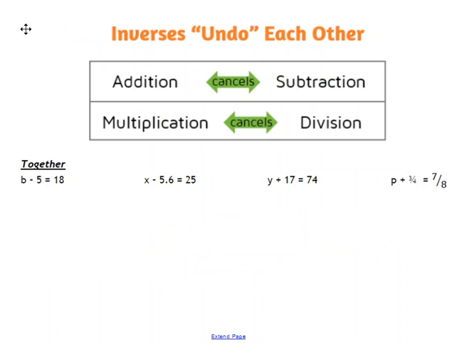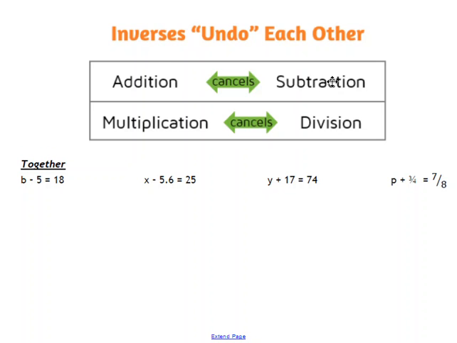Now, I just mentioned inverse operations. There are 4 operations in math: addition, subtraction, multiplication, division. We know that. We also now know that each operation has an inverse operation, and that's the operation that undoes the other one. We use them to undo each other. For instance, the opposite of addition would be subtraction, because we can use subtraction to cancel out addition.